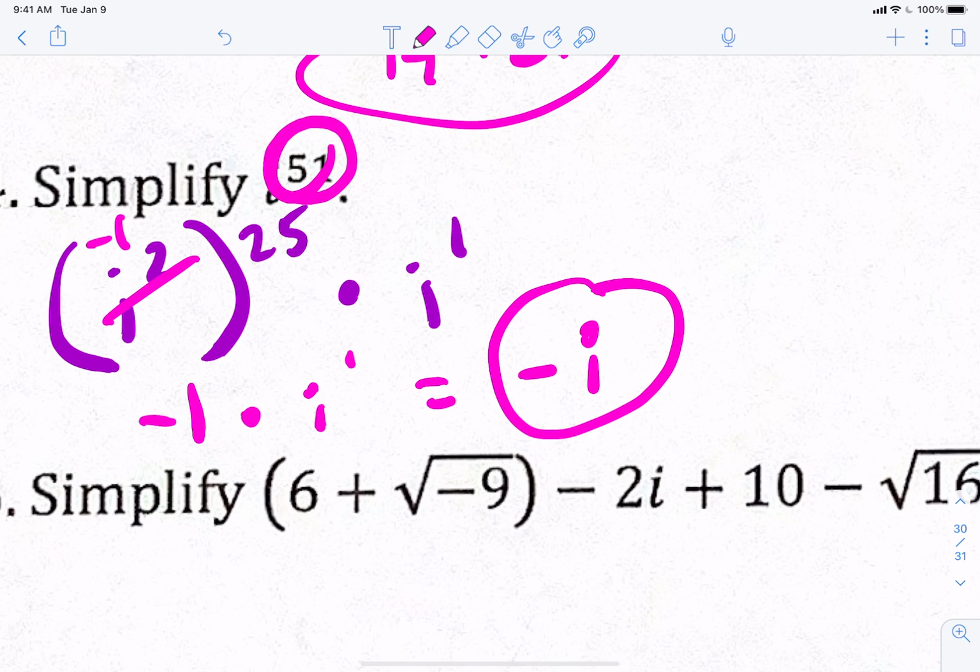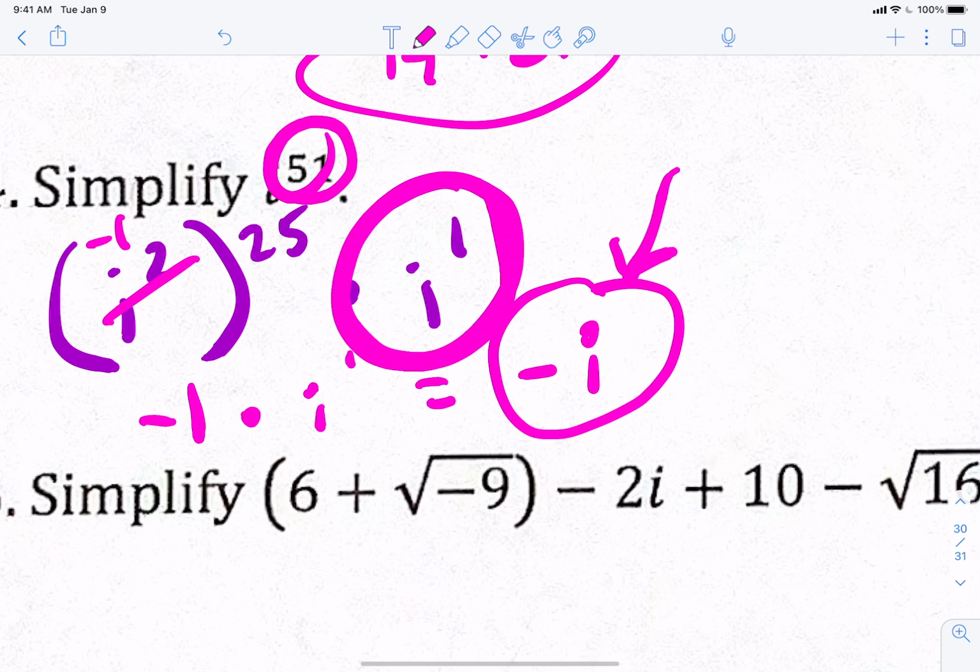If it is an odd number up here, it will end up with an i down here. If it's an even number, it's just going to either be positive 1 or negative 1. Because there's not going to be an i hanging off the end. 51 was an odd number, right? And when it's an odd number, we have to hang that i off to the side. But if it's an even number, we only have this part of it.